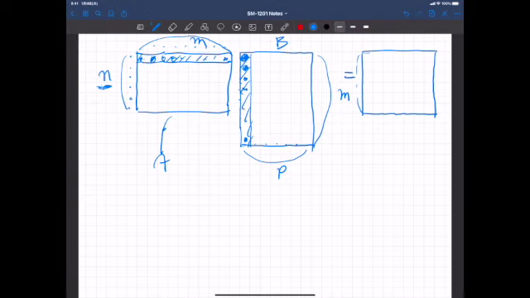So this is n and this is n. So this is same as this, and this n is same as this n. So the result of this times this becomes this element.